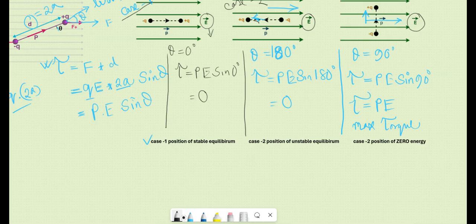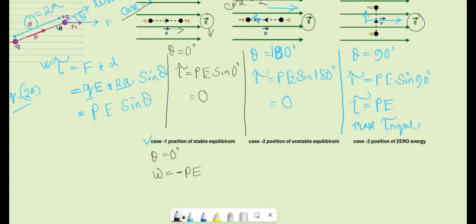So when the dipole moment is parallel to the external field, they are parallel. It means that theta is equal to 0 degrees. In that case, the total energy is minus PE.